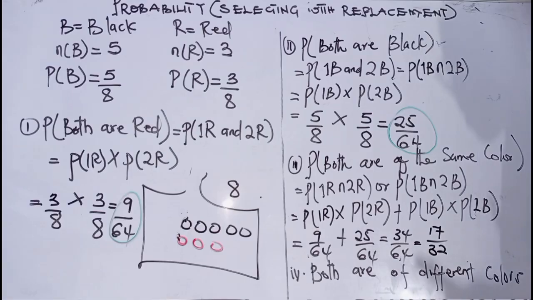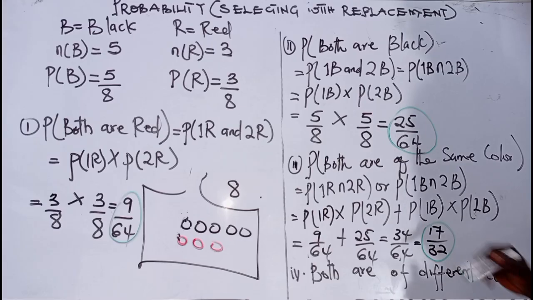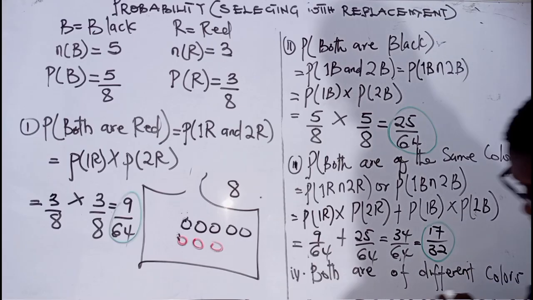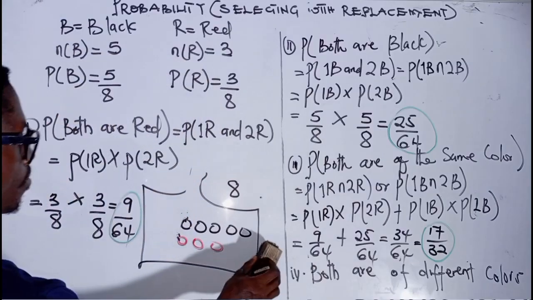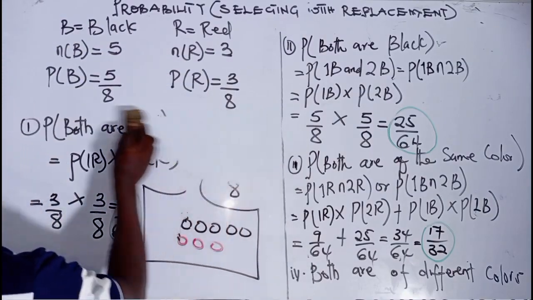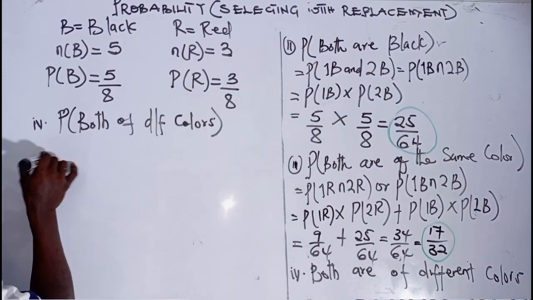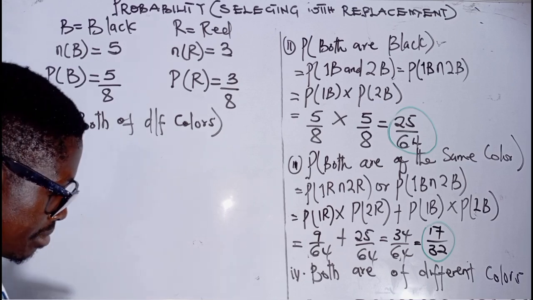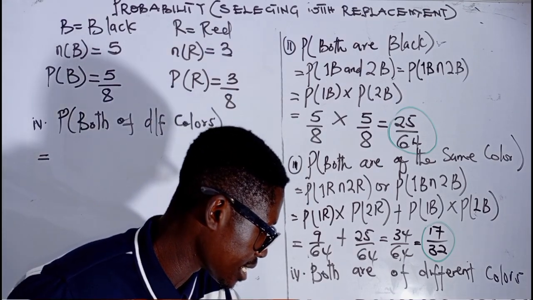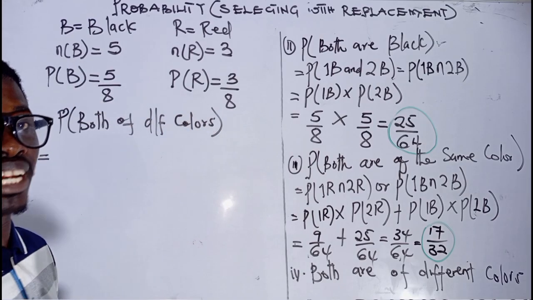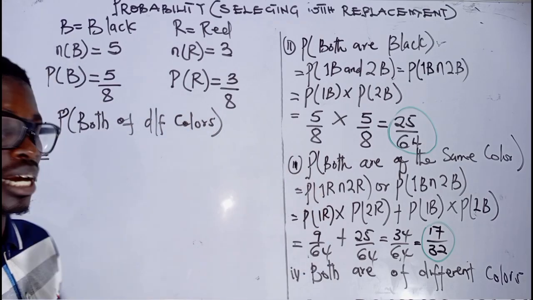Let's look at the last one. Both are of different colors. Both are of different colors means that on the first draw, we are getting, let's say, a red marble, and then on the second draw, we are getting a black marble.